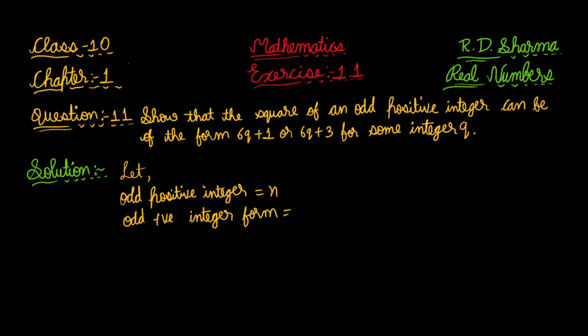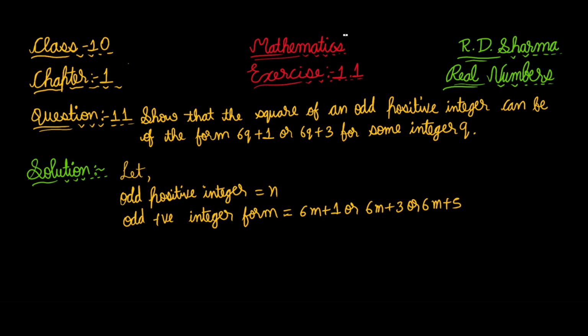Those whose remainder will be odd. So 6m plus 1 or 6m plus 3 or 6m plus 5. 6m plus 2 and 6m plus 4 will not be an odd positive integer because its remainder is even.